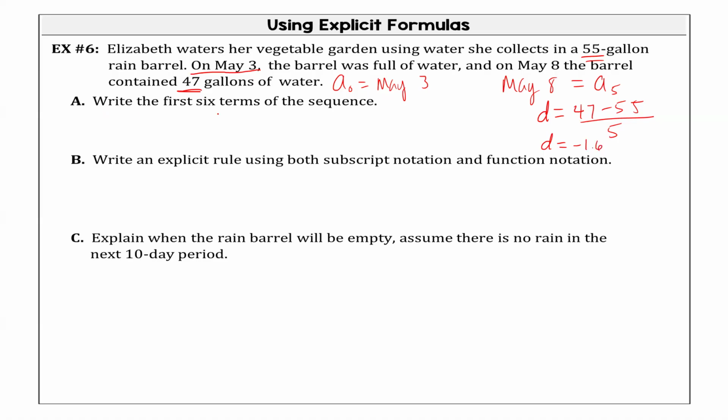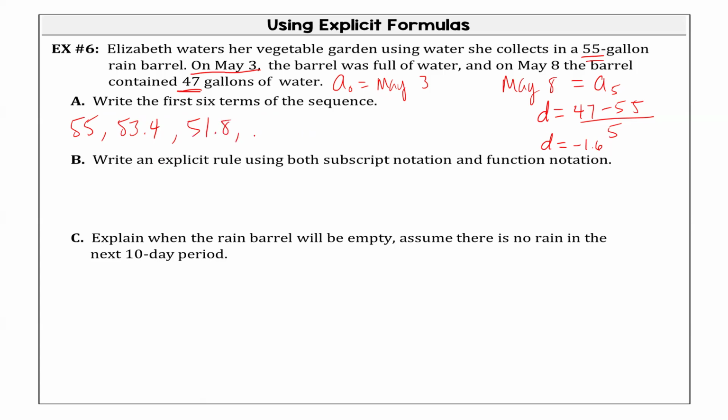So now can I write out my first 6 terms of my sequence? Yes, I can. So we started off with 55. You have $55 and you spend $1.60. What are you left with? 53.4. You spend another $1.60. What are you left with? 51.8.